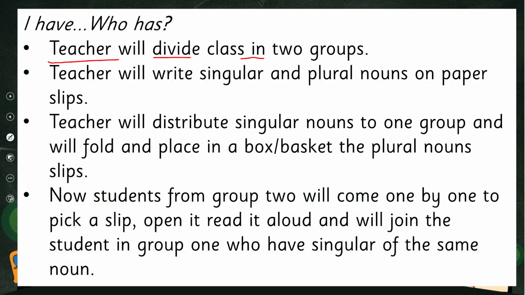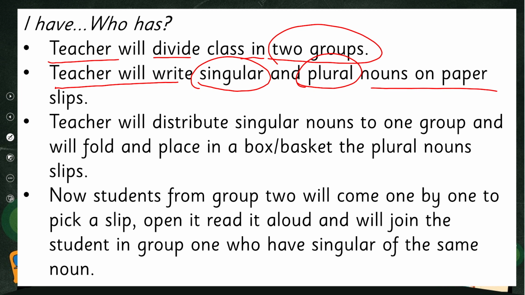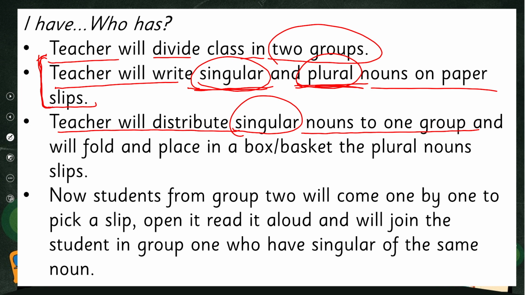Teacher will divide the class in two groups and teacher will write singular and plural nouns on paper slips. Teacher, this is a very easy way to practice irregular nouns. You can make paper slips for singular and plural both for irregular nouns. And teacher will distribute singular nouns to one group and will fold and place in a box or a basket the plural nouns slips.